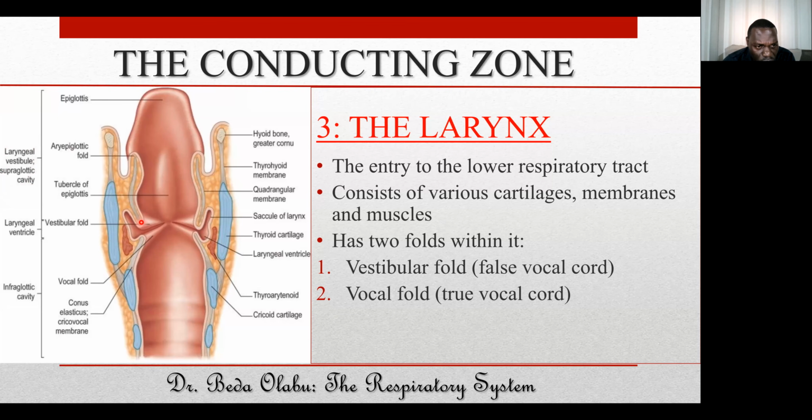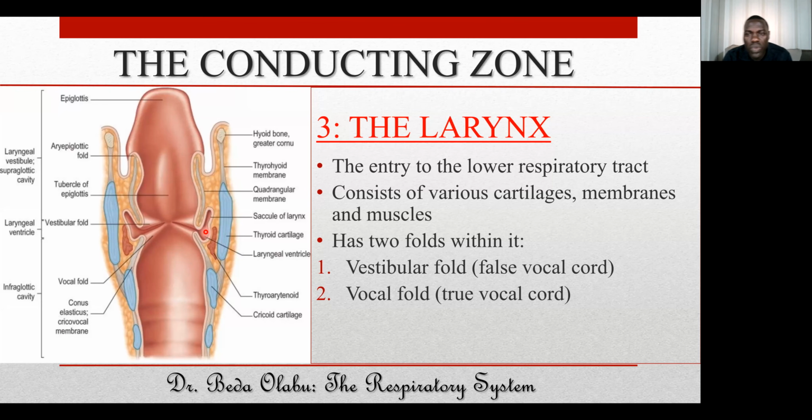Then the region between the vestibular and the vocal fold is called the laryngeal ventricle. And lastly, the region below the vocal fold is known as the infraglottic cavity. So this is infraglottic cavity, this is supraglottic cavity, and this is the laryngeal ventricle.